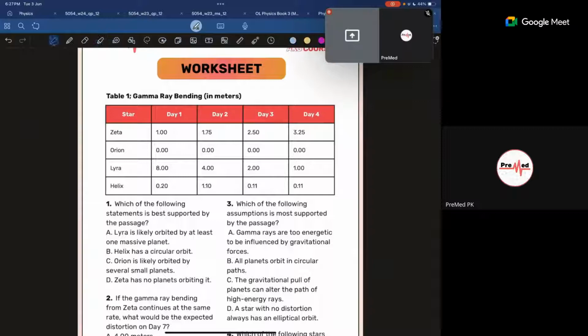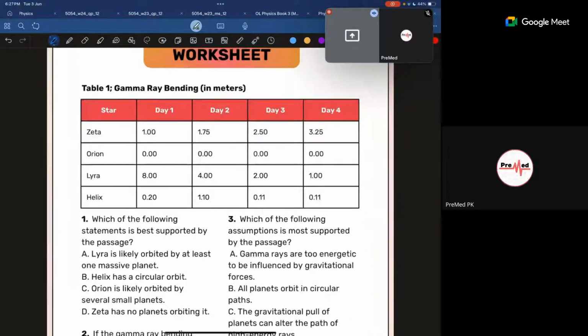When we see the first star, we can see that on day 1, the bending is 1 meter, then 1.75 on day 2, 2.5 on day 3, and then 3.25 on day 4. So we can easily see that there is a difference of 0.75 meters on each day, right? And this indicates a regular pattern.